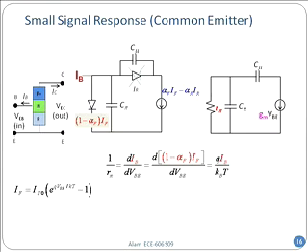Then what do you pull out? A Q over KT. Do you see that? Over on the left, you pull out a Q over KT. And so that's what you see. If you pull out a Q over KT, so 1 over R pi is QIB divided by KT. No problem. This is simple. And IB, you could write it as IC divided by beta DC. Other than that, this is exactly the same expression.